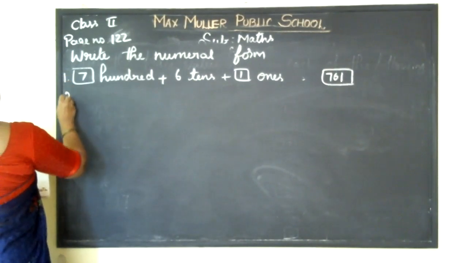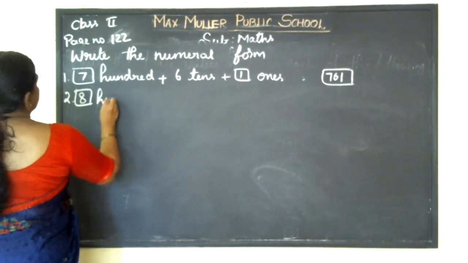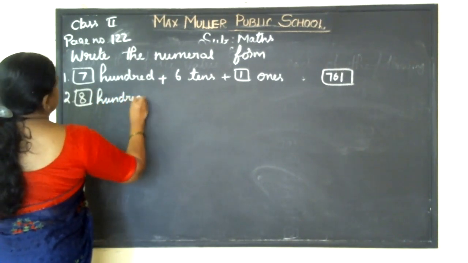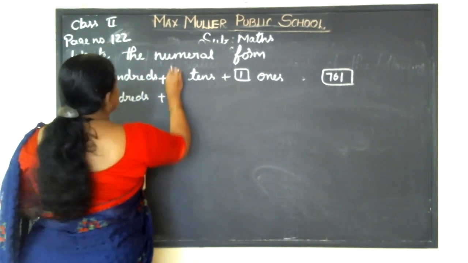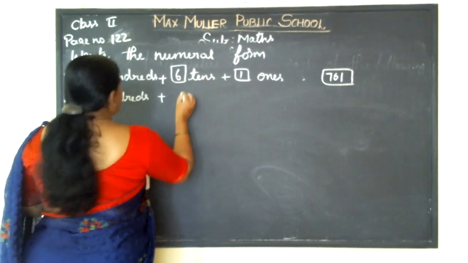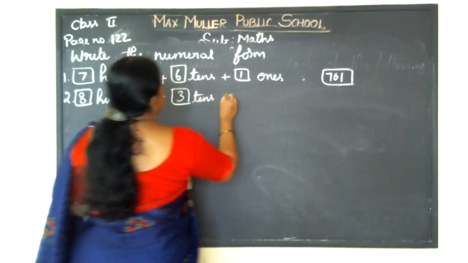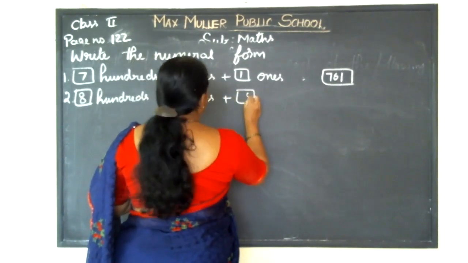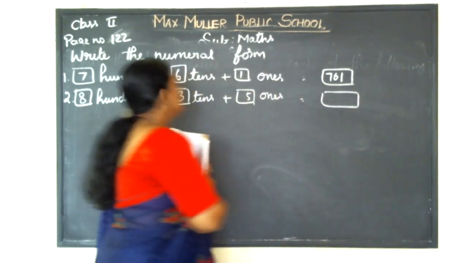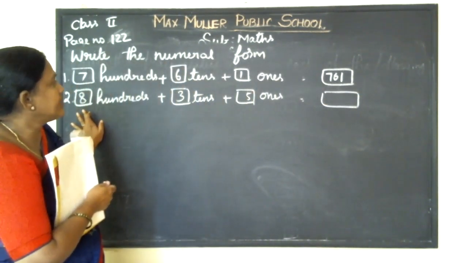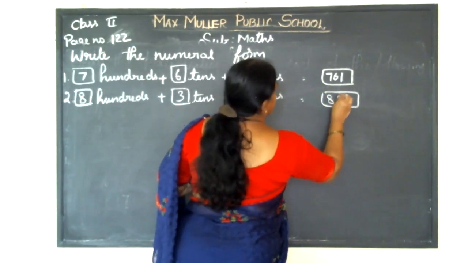First one. Second one, 800 plus 3 tens plus 5 ones. What will you write, children? Here you want to write 835. 835.